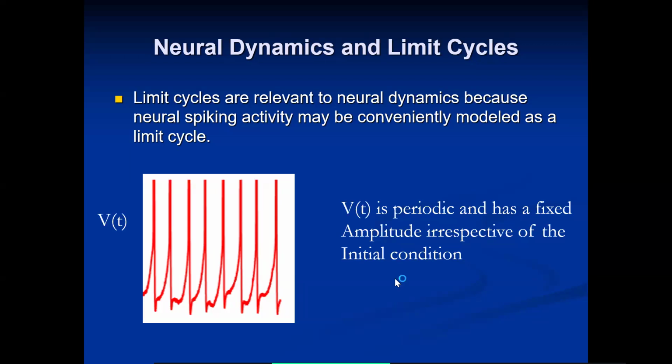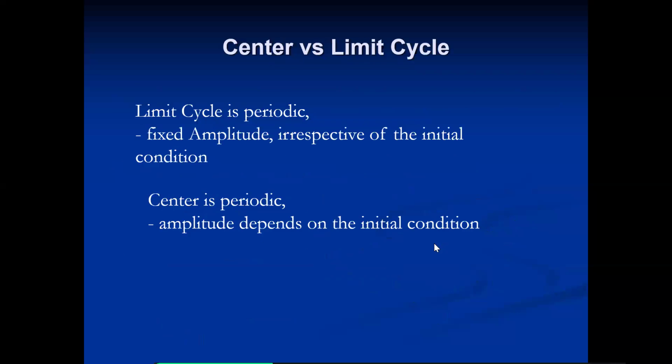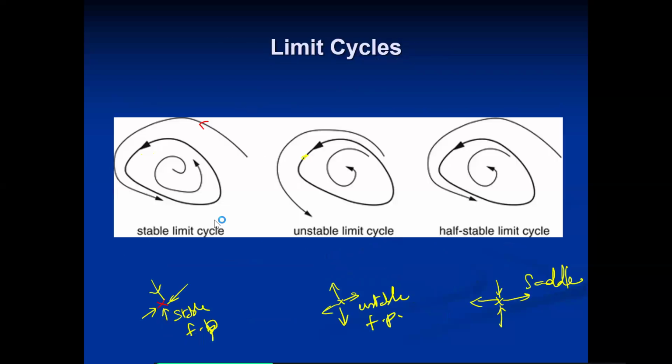But suppose there is a second variable in the neuron, like some gating variable. If you plot one against the other in v and m space, then you'll get a closed loop. It'll just keep going round and round like this. You can visualize that.